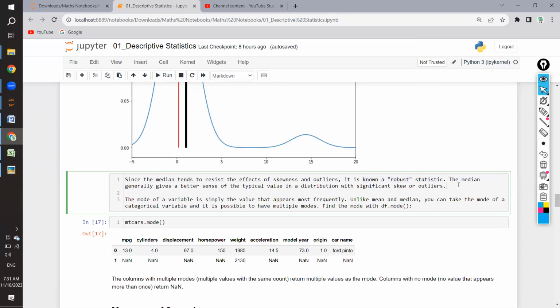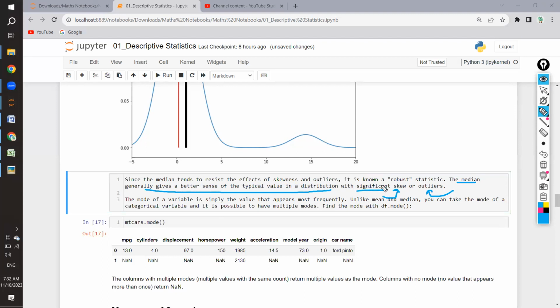That's why the median generally gives a better sense of the typical value of a distribution with significant skews or outliers. That means if you have a considerable degree of skewness or a certain amount of outliers, the median will still generally give a better sense of the value of the distribution.